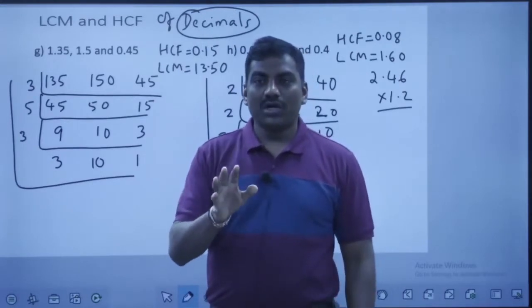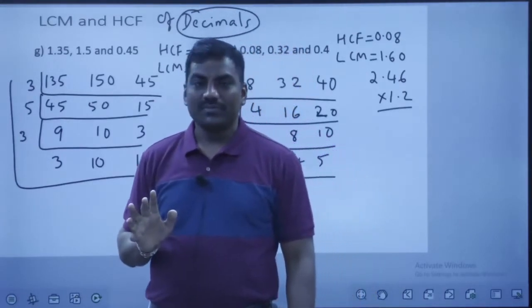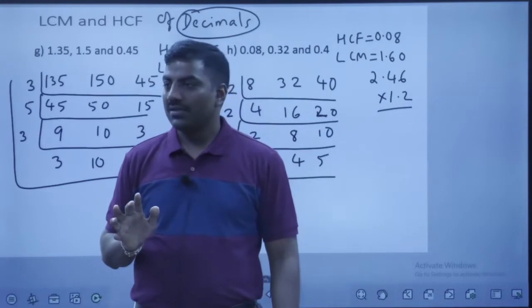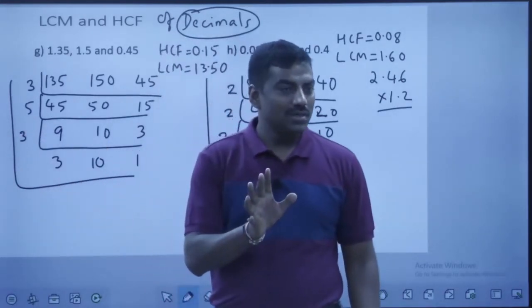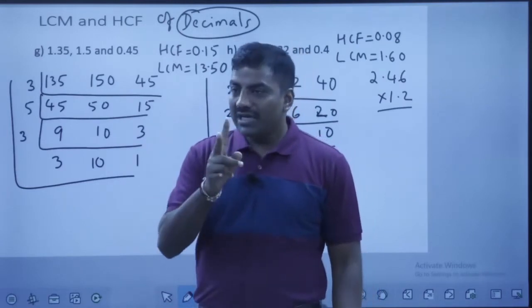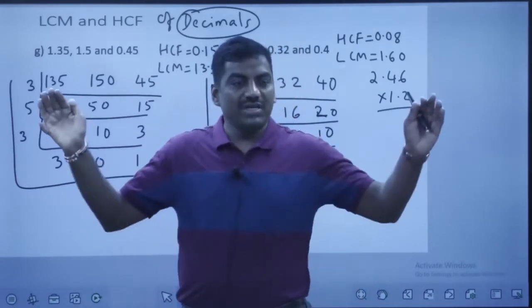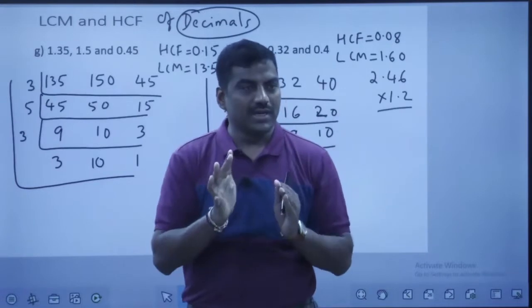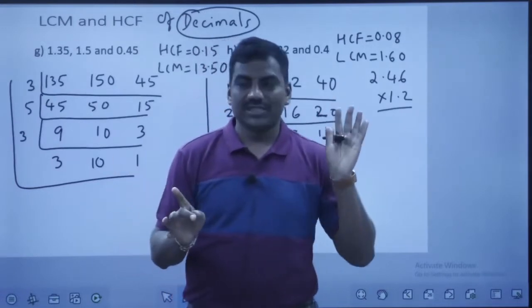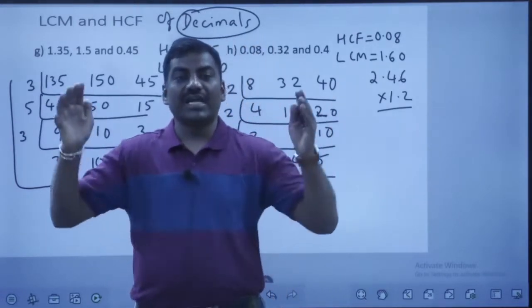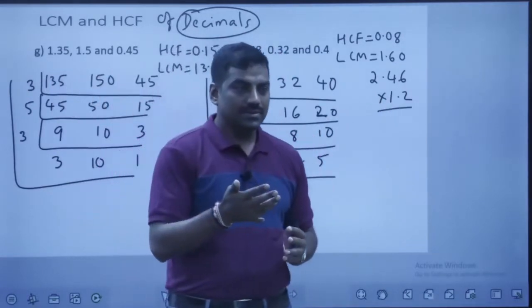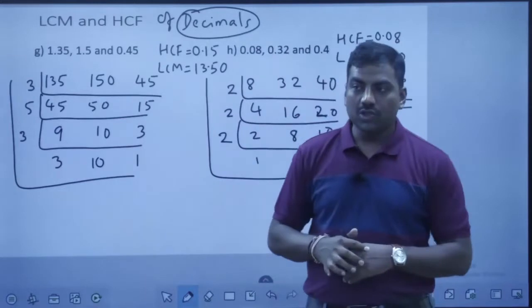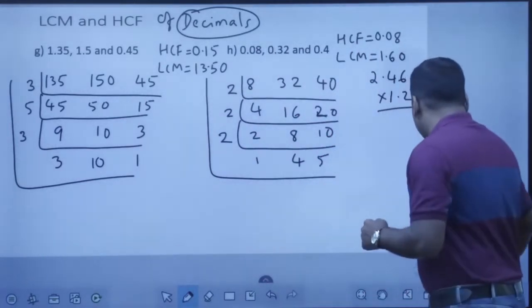That means you want HCF or LCM? You want a smaller number or a bigger number? Smaller number, so you are finding HCF. Whenever you are making a bigger thing into smaller pieces, that is an HCF question. Whenever you are expecting a bigger number at the end, then that is LCM. First of all, we'll solve the HCF related questions.